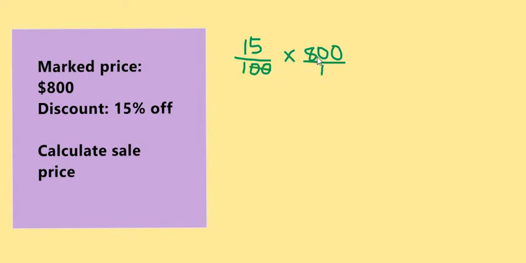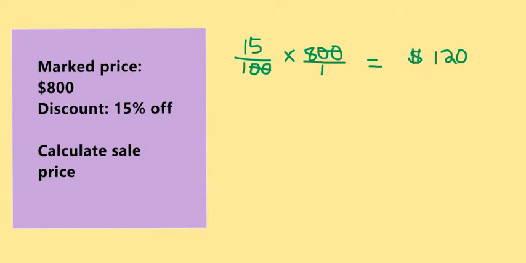So we're dividing through by 100. So 15 times 8, what does that give us? 120. So that means that 15% of $800 is $120. This is just the discount. The $120 is just the discount.